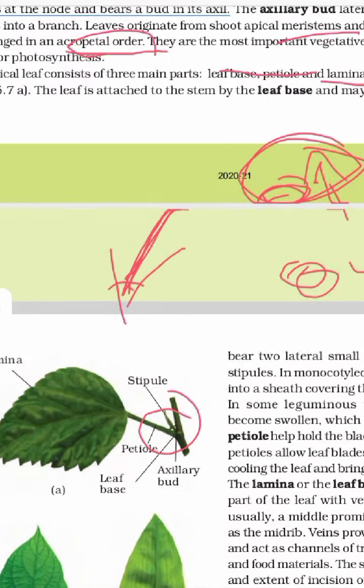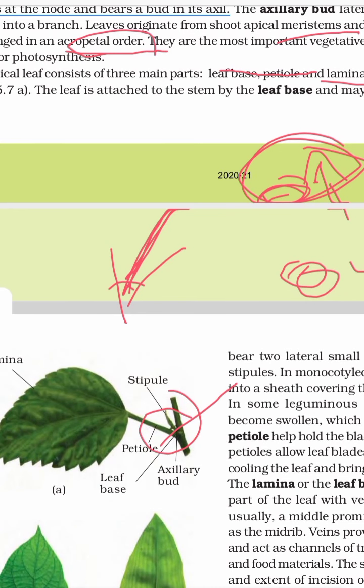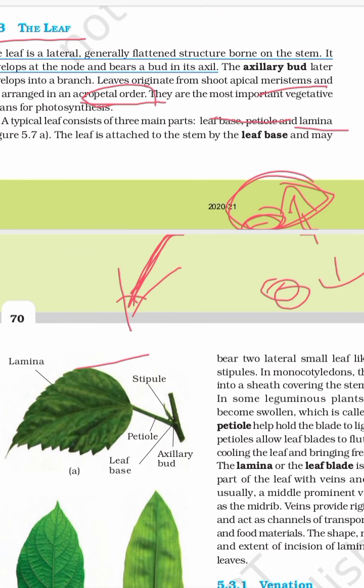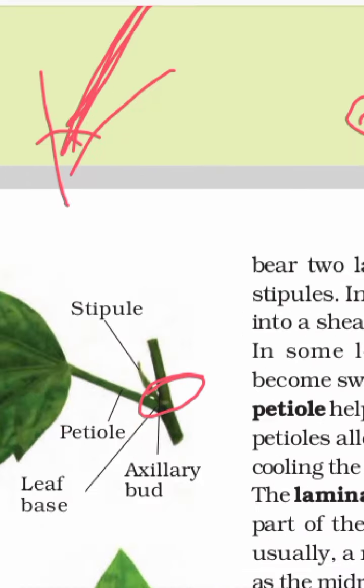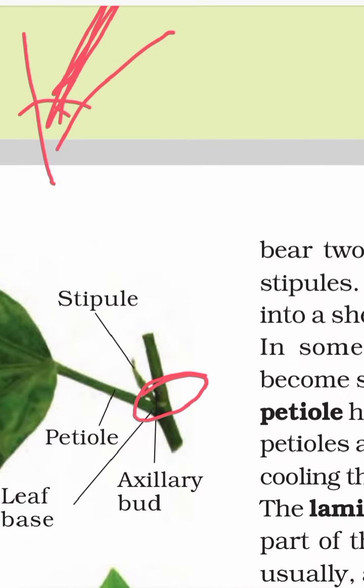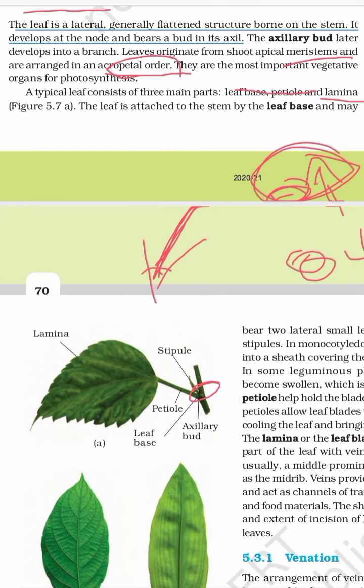Let us see this structure very carefully. Leaf base means something over here. You can see the base of the leaf where it is attached to the stem. So it is a leaf base.